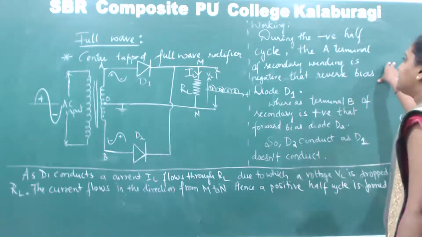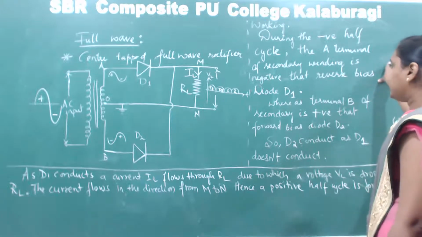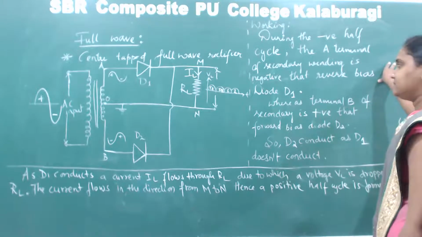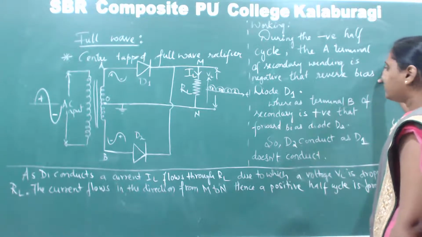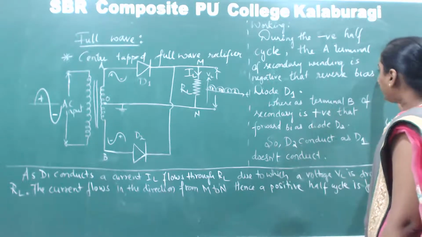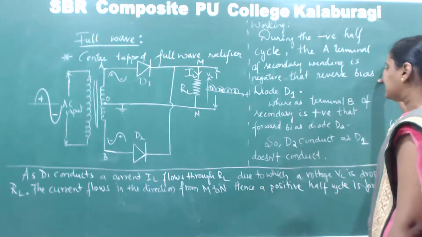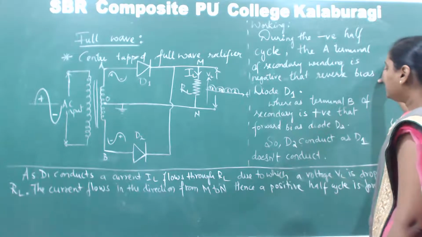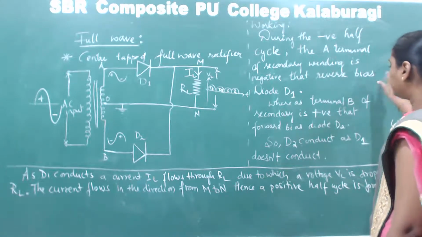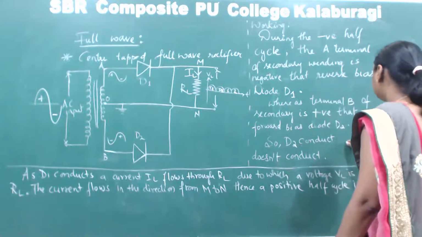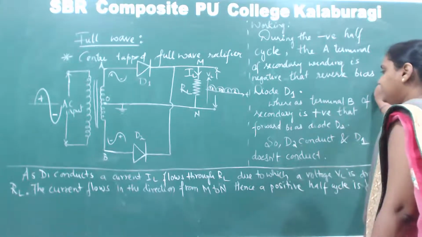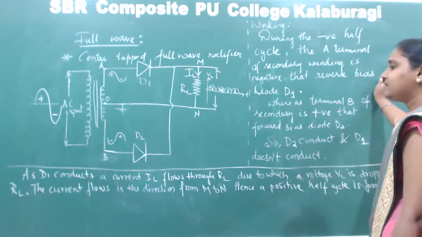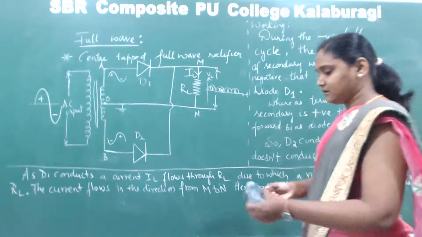So what happens during the negative half cycle: the A terminal of the secondary winding is negative. That reverse biases diode D1, right? Whereas terminal B of the secondary is positive, that forward biases diode D2. So D2 conducts and D1 doesn't conduct.